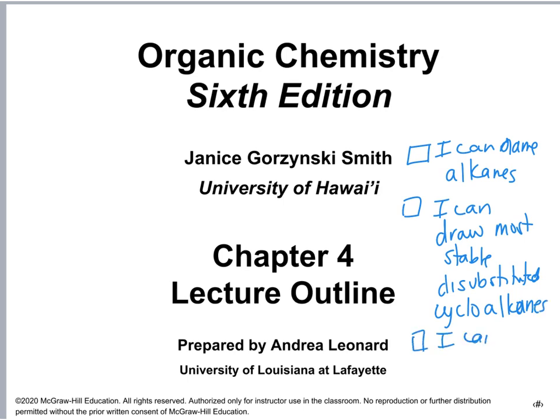I can convert Newman projections. We'll talk about Newman projections to name, structure, and back and forth. And these are also the most stable. So we have a few learning objectives regarding Newman projections.